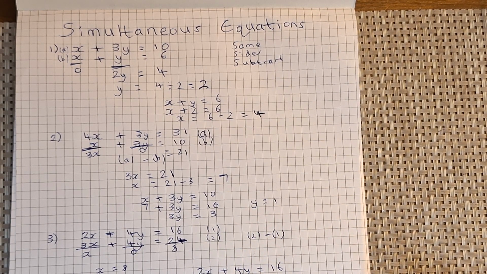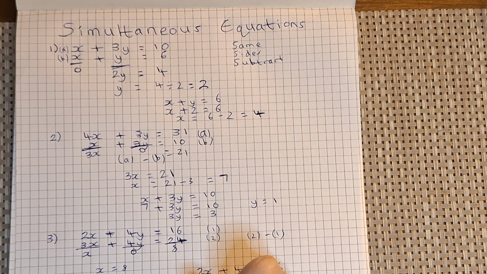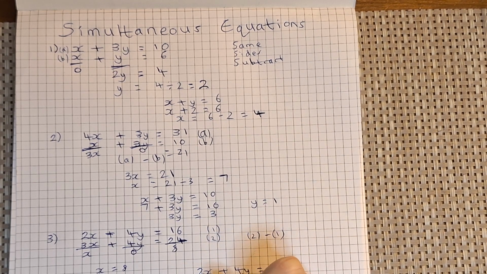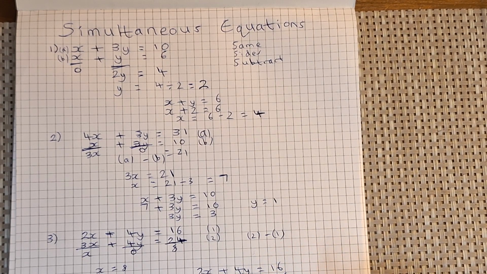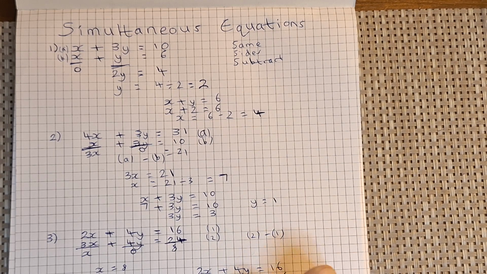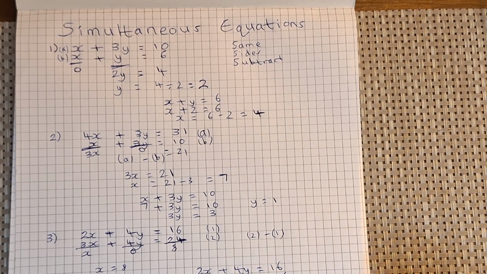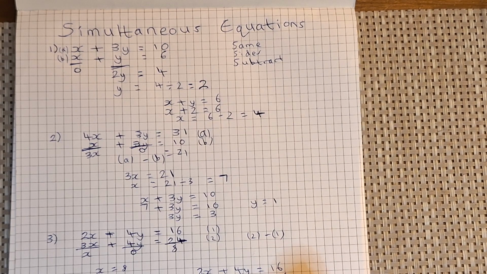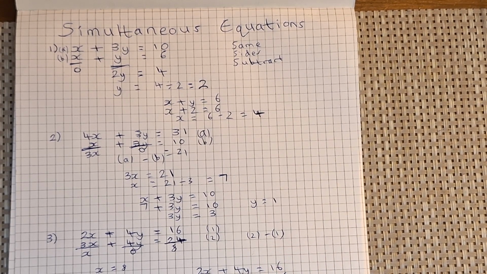So 2 times 8 equals 16, so 16 plus 4y equals 16. Then we take away 16 here, and take away 16 here. We get 4y equals 0, and therefore y is going to equal 0 as well.